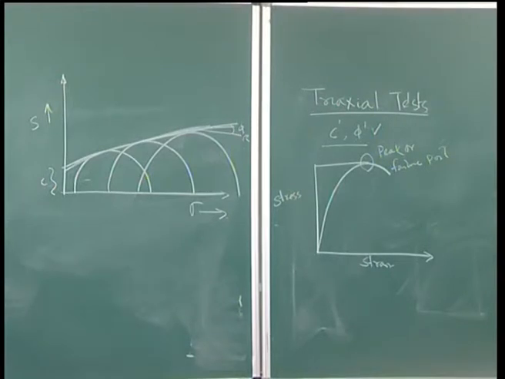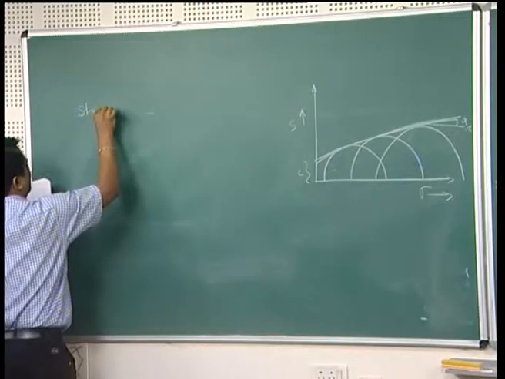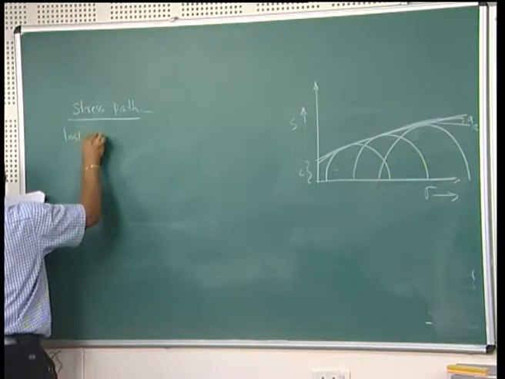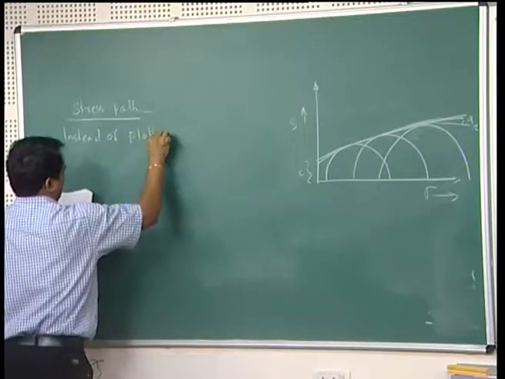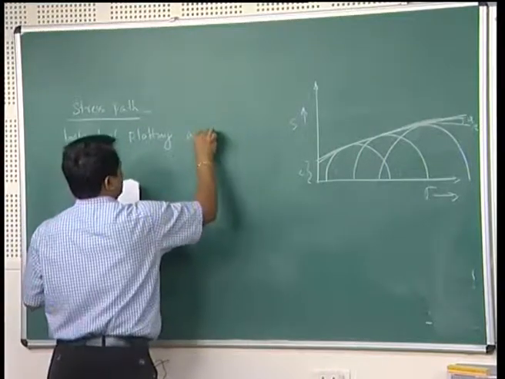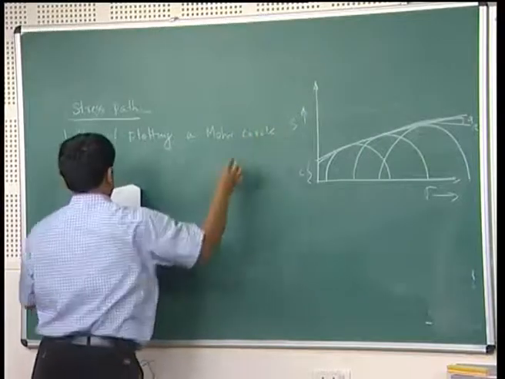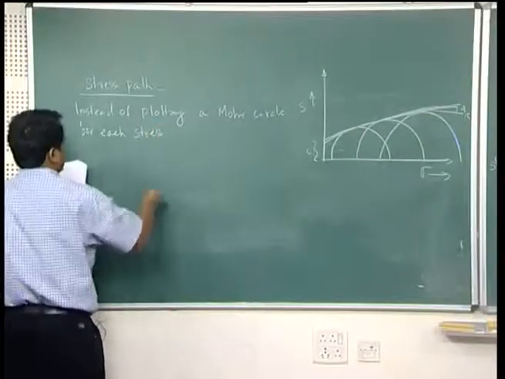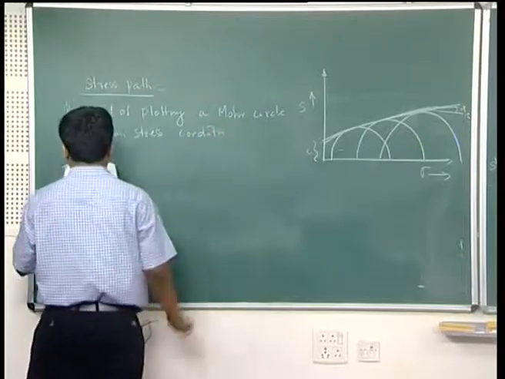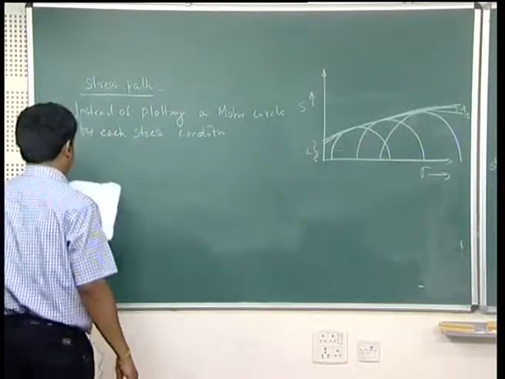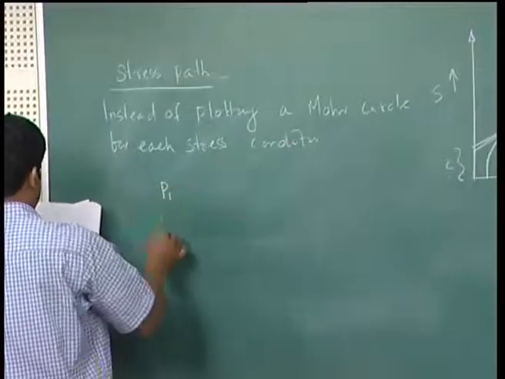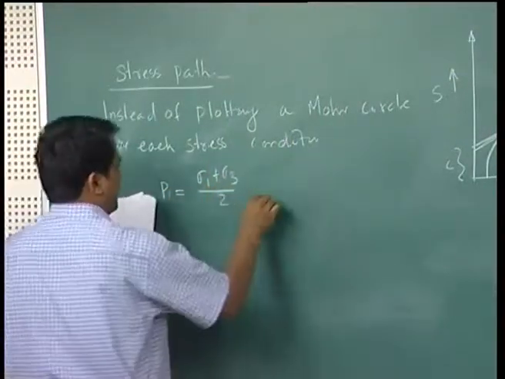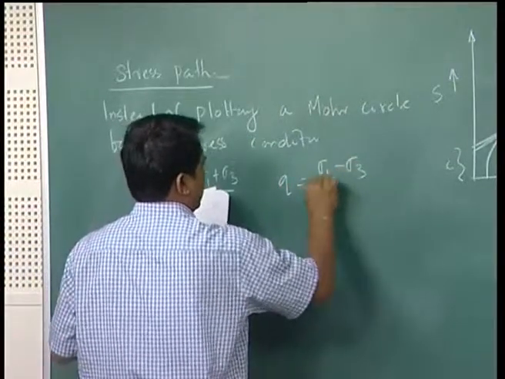Now the next terminology is stress path. Instead of plotting a Mohr circle for each stress condition, it may be more convenient to plot stress coordinates of P and Q, where P is equal to sigma 1 plus sigma 3 by 2, and Q is equal to sigma 1 minus sigma 3 by 2.